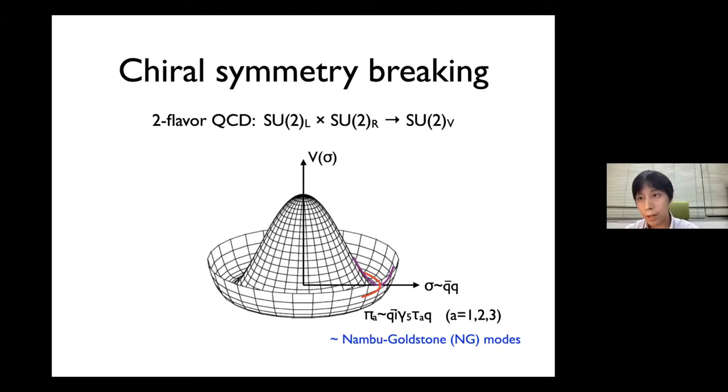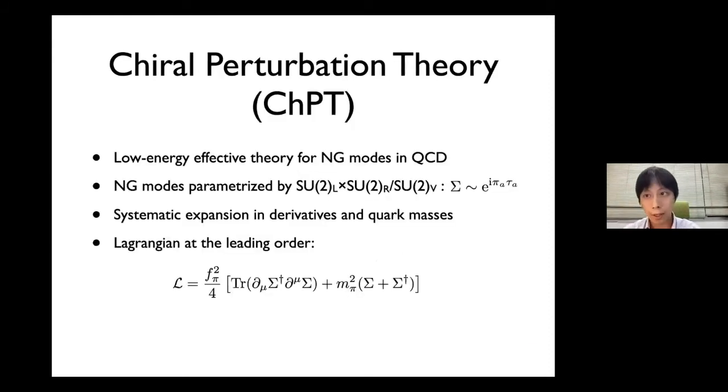And at low energy, we are interested in the dynamics of these pions. And that is described by the low energy effective theory of QCD called chiral perturbation theory. The pion field living in the coset space for this chiral symmetry breaking pattern is parameterized by this representation. So pi A is a pion field, and tau A is the SU(2) generator again.